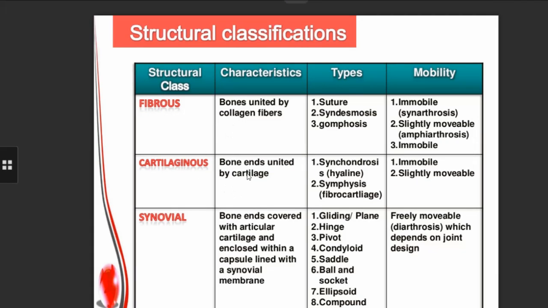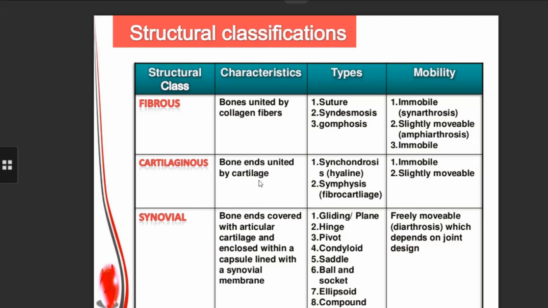Cartilaginous joints have cartilage, and synovial has a synovial membrane with a synovial cavity, and synovial fluid. Now, types of fibrous joints. We have three types: sutures, syndesmosis, and gomphosis. We have seen that sutures are immobile, syndesmosis is slightly movable, and the third one, gomphosis, is immovable.